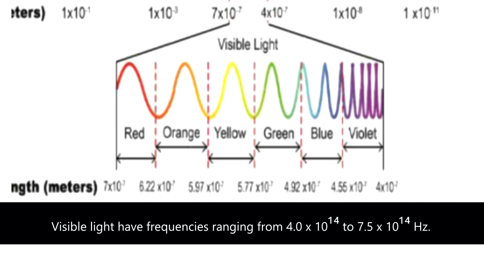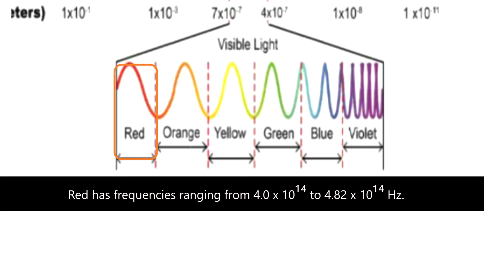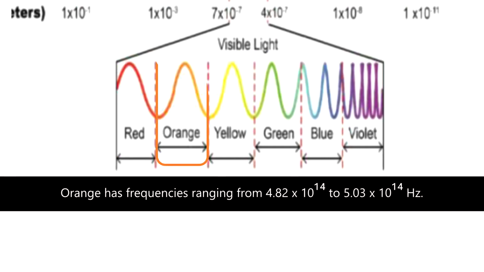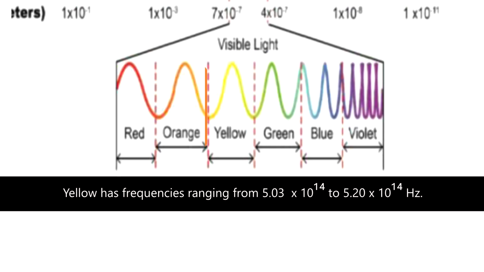Under visible light, we have red, which is 4 times 10 to the 14 to 4.82 times 10 to the 14 Hz. Orange is 4.82 times 10 to the 14 to 5.03 times 10 to the 14 Hz. Yellow, 5.03 times 10 to the 14 to 5.20 times 10 to the 14 Hz.